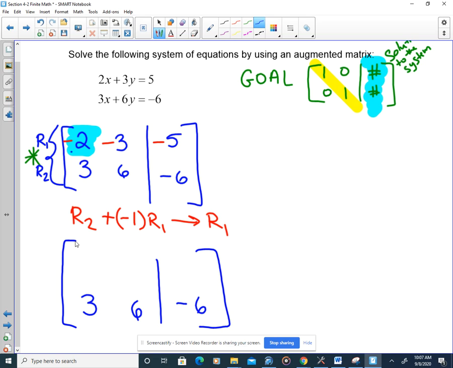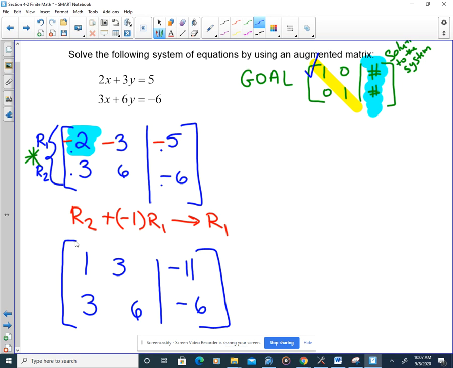So negative 2 plus 3 is 1. Negative 3 plus 6 is 3. Negative 5 plus negative 6, negative 11. Okay, so we got the first step done. We got a 1 here. So now we want to move under the 1.